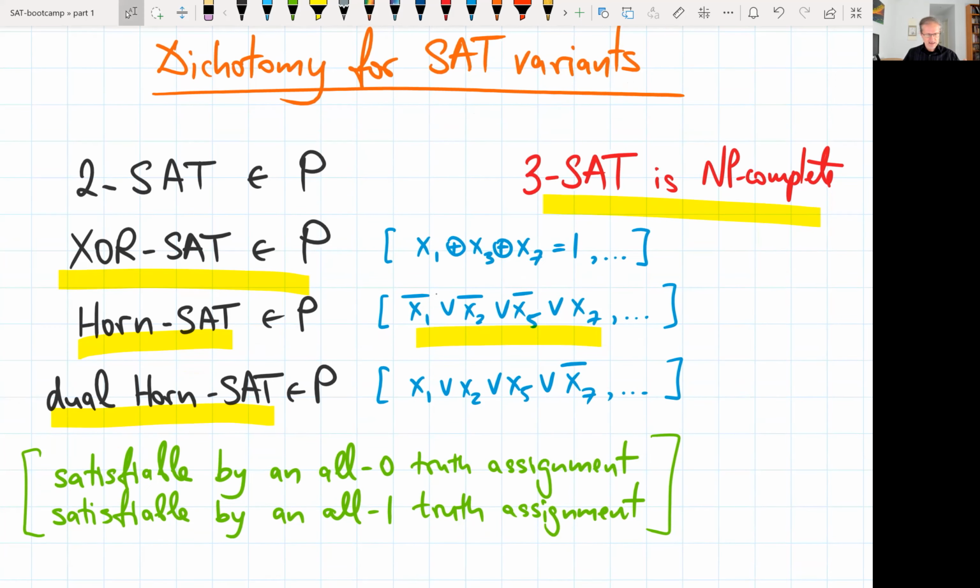And these 1, 2, 3, 4, 5 classes are basically covering everything that you can think of in terms of natural restrictions on SAT that stay in polynomial time.